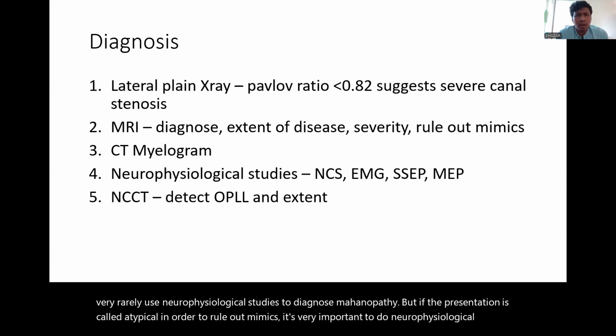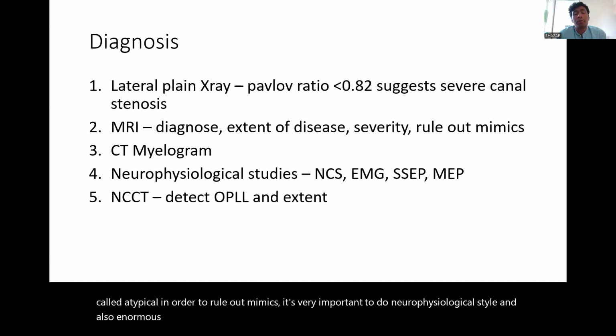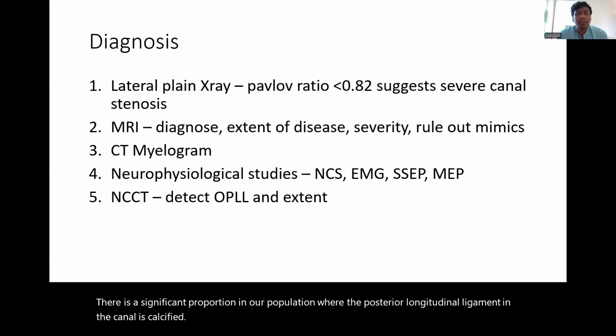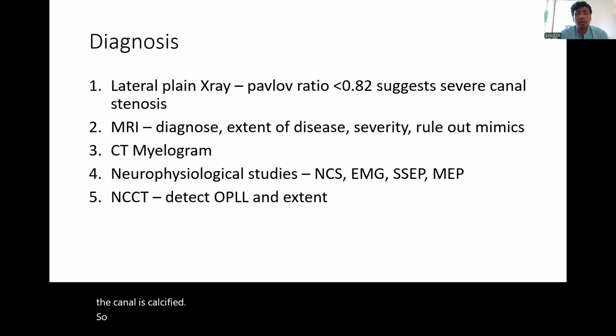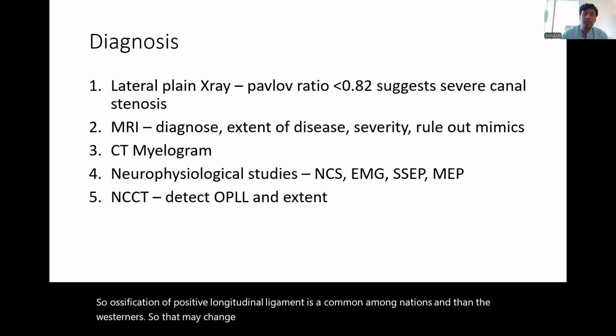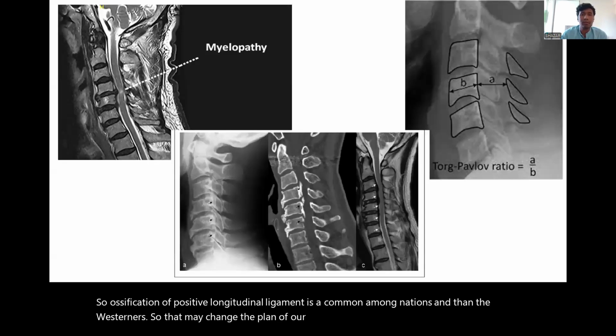And also a CT of the neck is very important, especially in the subcontinent and Asian population, because there is a significant proportion in our population where the posterior longitudinal ligament in the canal is calcified. So ossification of the posterior longitudinal ligament is more common among Asians than Westerners. So that may change the plan of our management, or what we do to the patient.